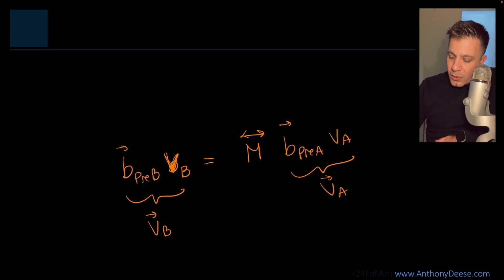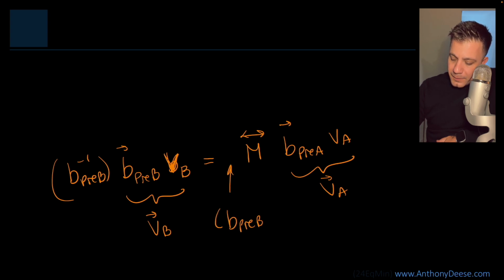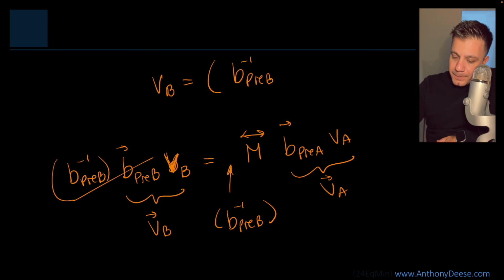Now, all we have to do is multiply by the inverse. We'll stick that in there as well, so that goes away, and what we end up with is a relationship between the arrays. That's a B.